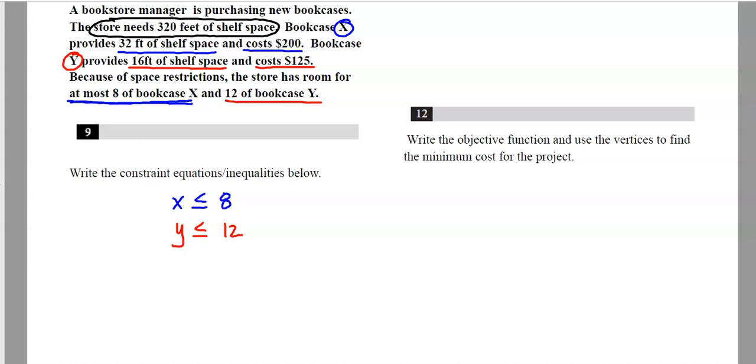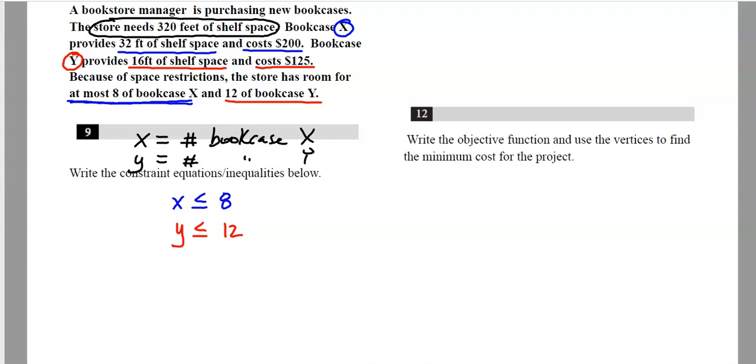Because if I define my variables, X equals the number of bookcase X, and Y equals the number of bookcase Y, I got to have at most 8 bookcases of X and at most 12 bookcases of Y. Well, let's get into the space here. It says that every X bookcase is 32 feet.